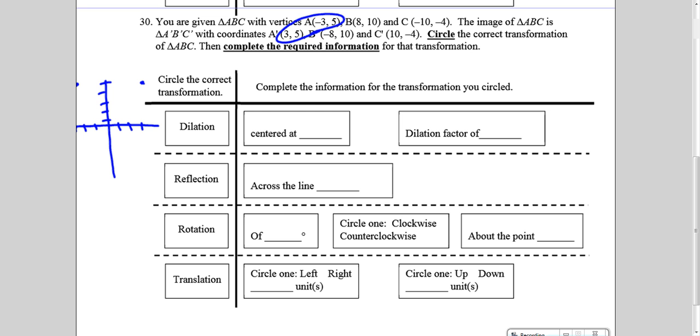That is a reflection because I started with x, y, and I ended up at -x, y. Well, that would be the line of the y-axis, or you could write it as x equals 0. Either one.